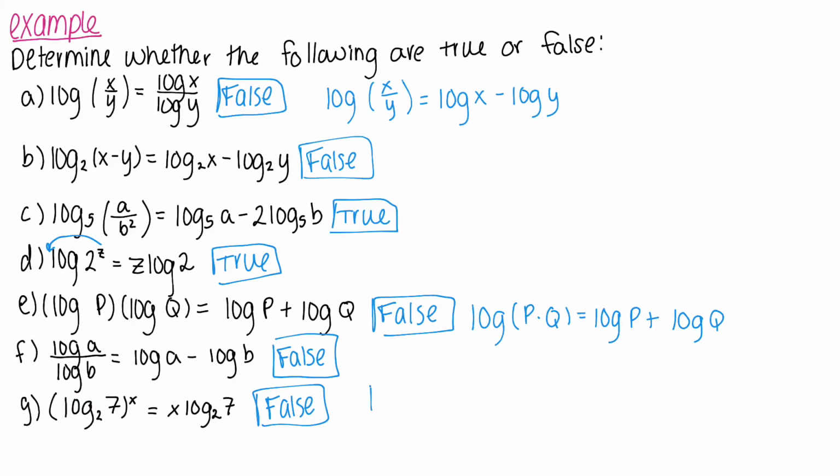If I had instead written log base 2 of 7 to the x, it's assumed that the 7 to the x is inside the logarithm. It's assumed that you're doing this. So you could bring the x down in front. But you're unable to do that if there are parentheses showing that the exponent belongs on the outside. So, common errors.